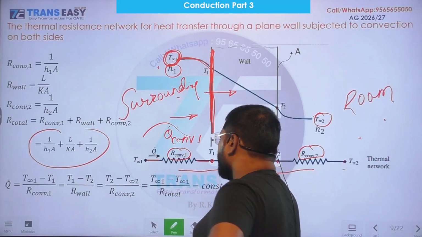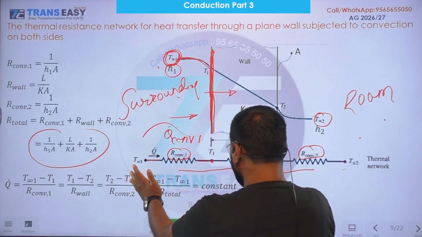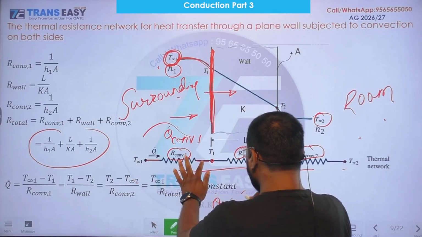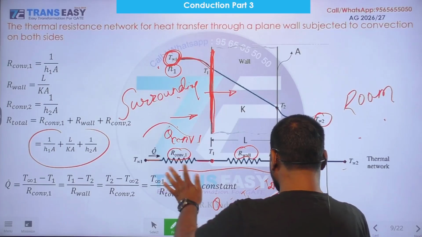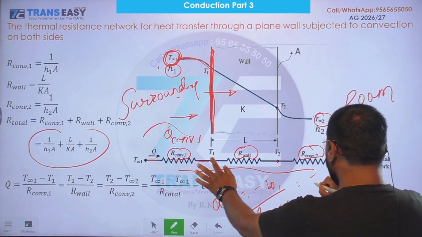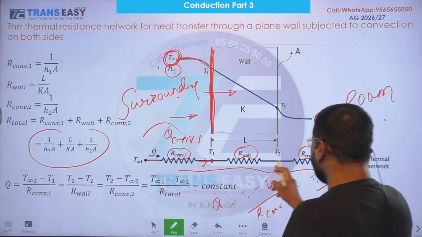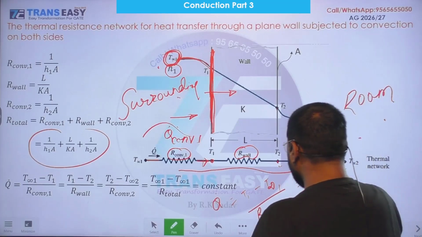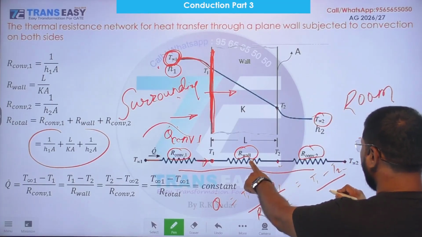This Q dot can be written like this: Q dot equals T1 minus T infinity 1 upon R convective 1. We can also write T1 minus T2 upon R wall, same Q dot is flowing through all thermal resistances.